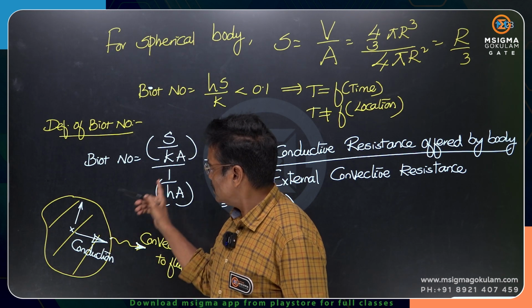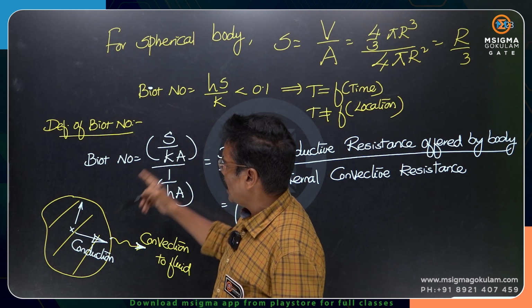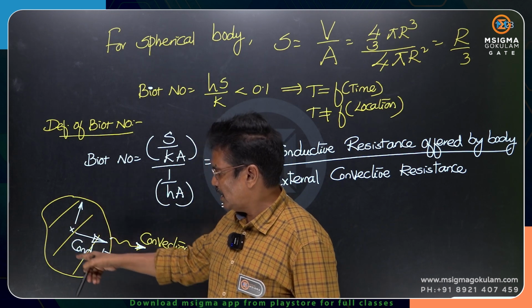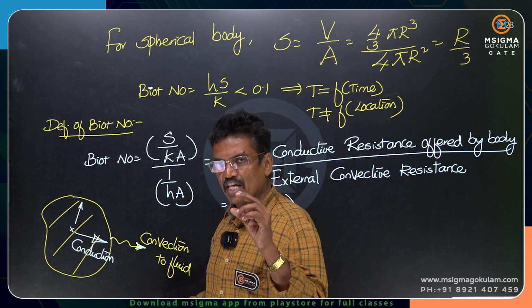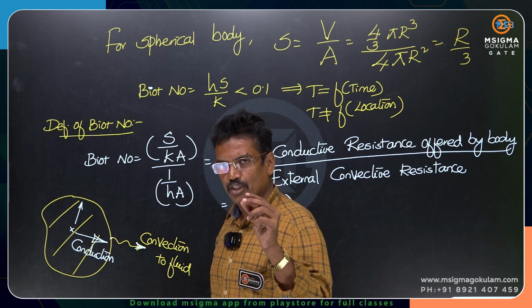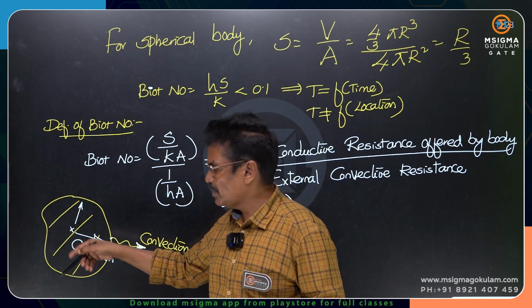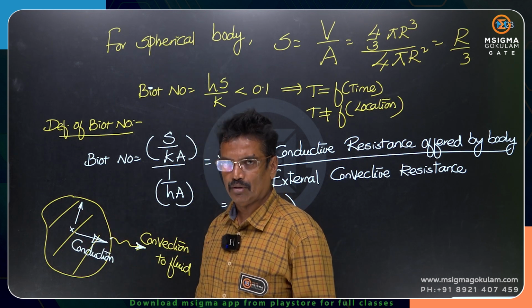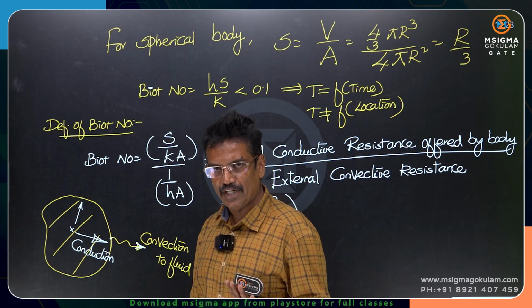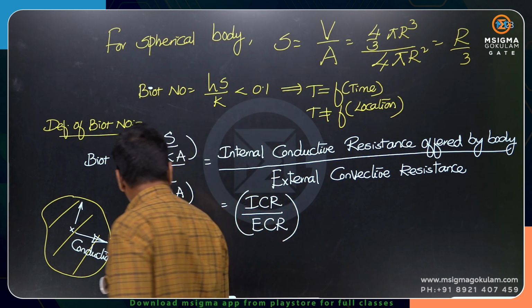Because the conductivity of the body is high and the body is small, slender sized, the internal temperature gradients can be negligibly small. That is the main concept of lumped heat analysis.